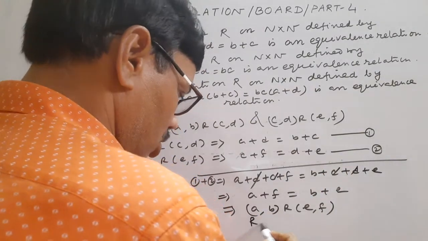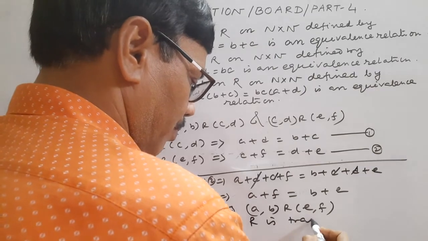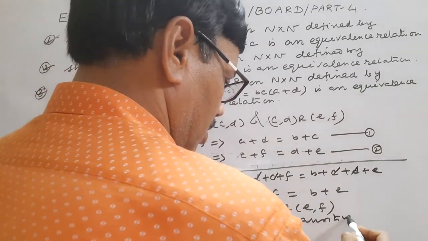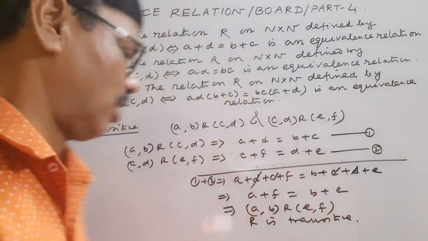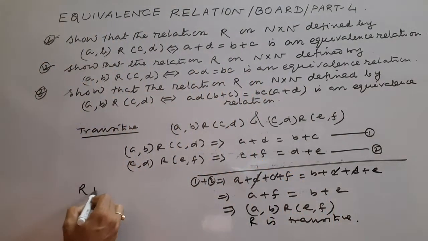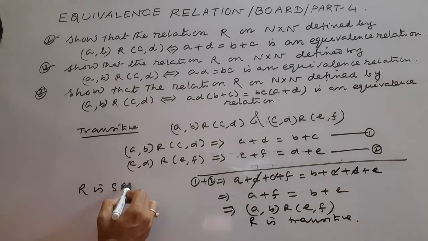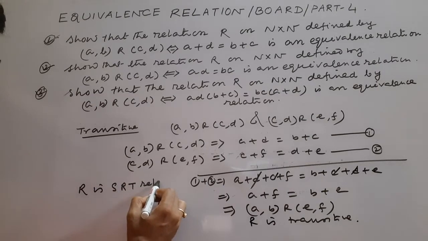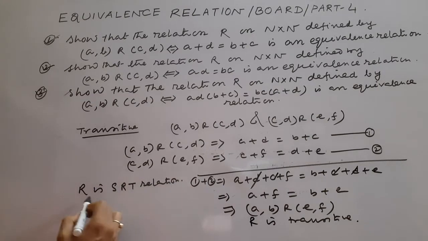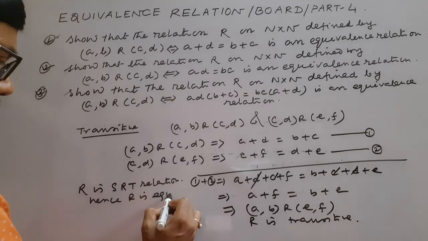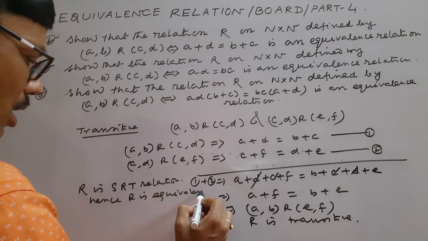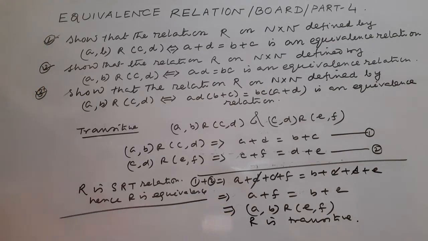So R is transitive. So R is an SRT relation. R is a symmetric, reflexive and transitive relation. Hence, R is an equivalence relation.